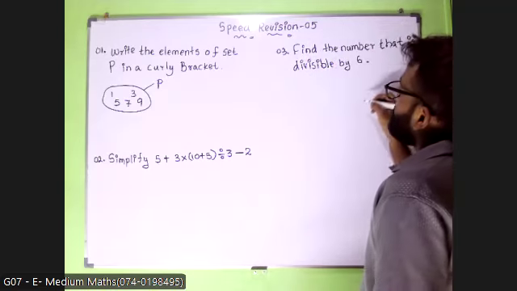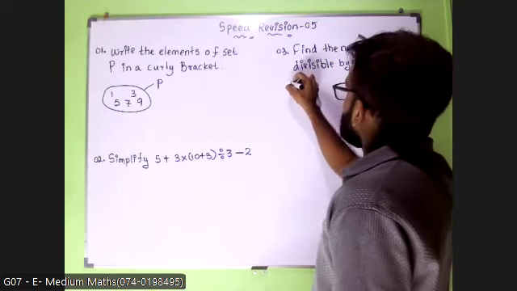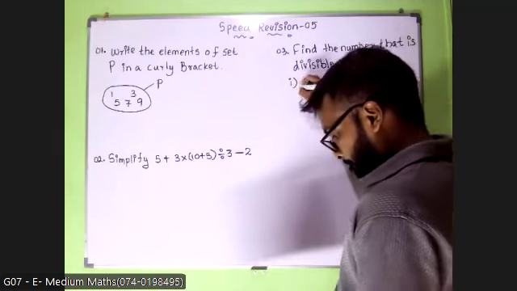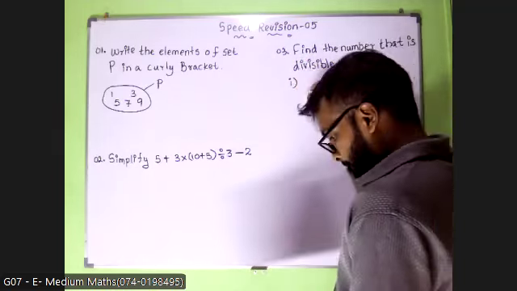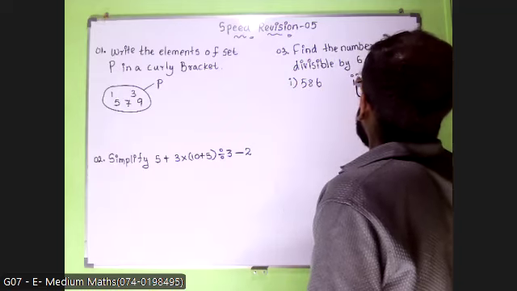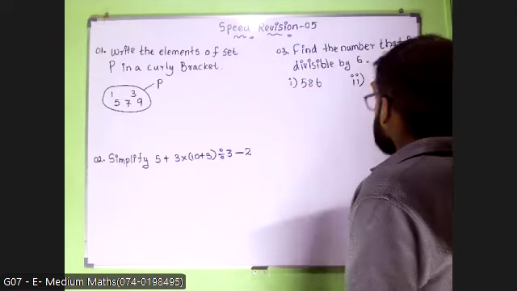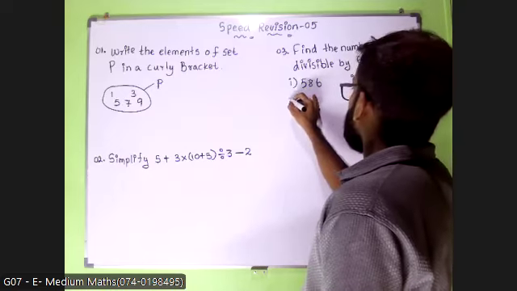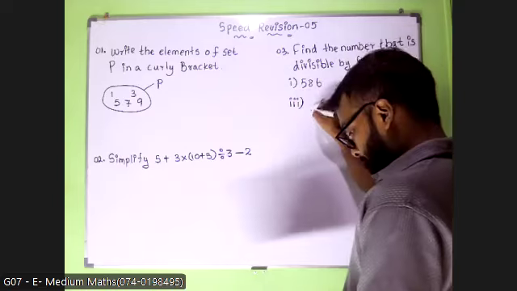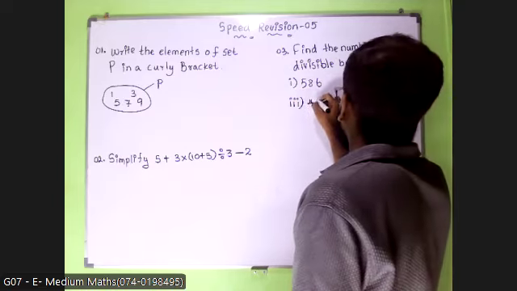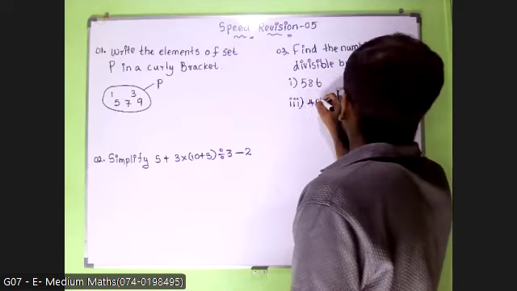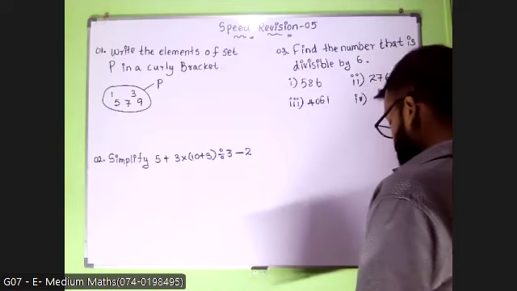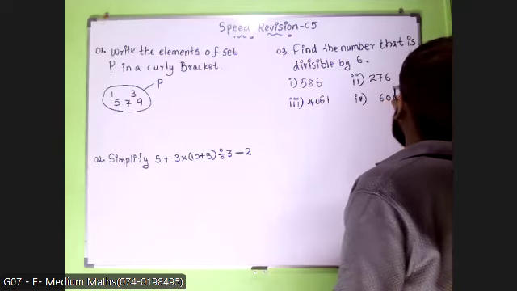Right, divisible by 6. First one, 6,003.